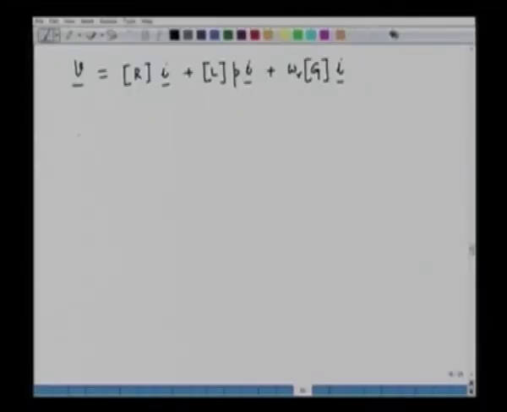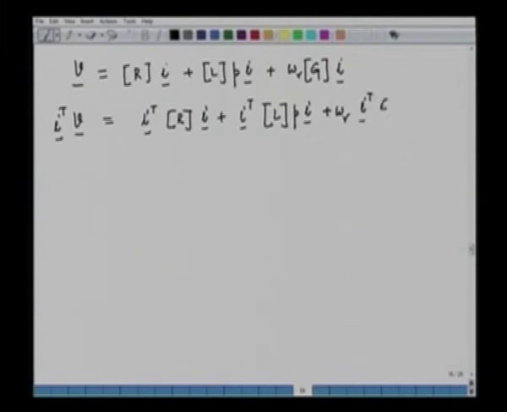Now what I will do here, I will pre-multiply this equation by I transpose. I is a column vector, so I can transpose it and pre-multiply. So I can have this matrix here, I transpose R I plus I transpose L Pi plus omega R, which is a scalar quantity, I transpose G I. Now if you see in this equation, what is the left hand side?